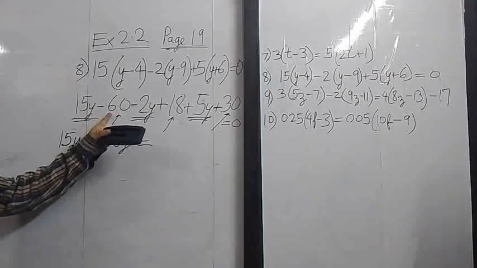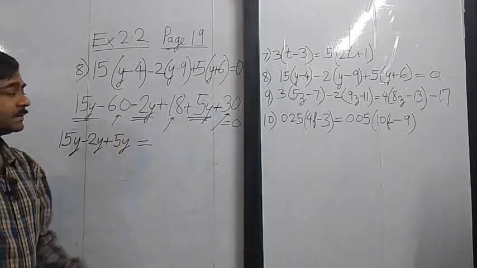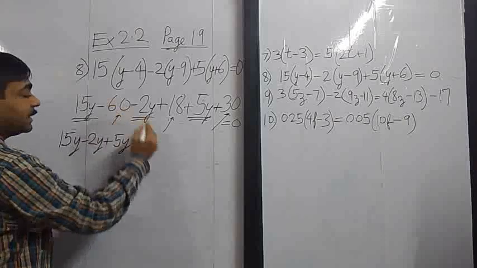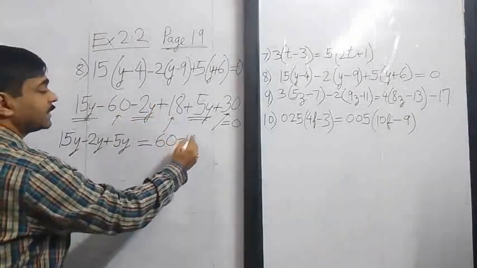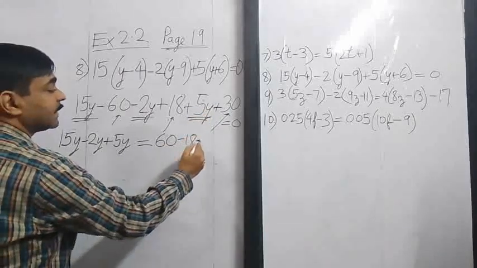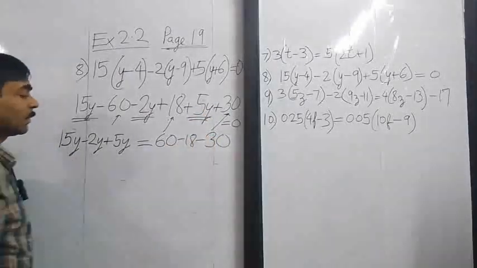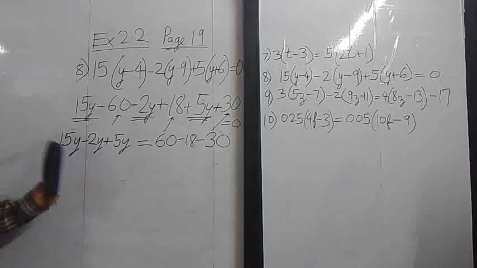I take minus 60 plus 18 plus 30. So minus 60 becomes 60, plus 18 becomes minus 18, plus 30 becomes minus 30, which will straight away give us the answer for y.